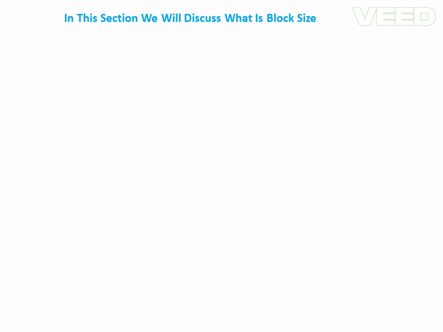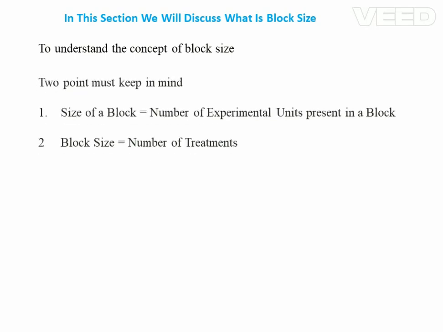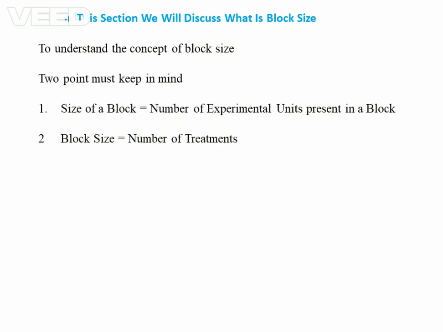In this section, we will discuss what is block size. To understand the concept of block size, 2 points must be kept in mind. Number 1, size of a block is equal to number of experimental units present in a block.